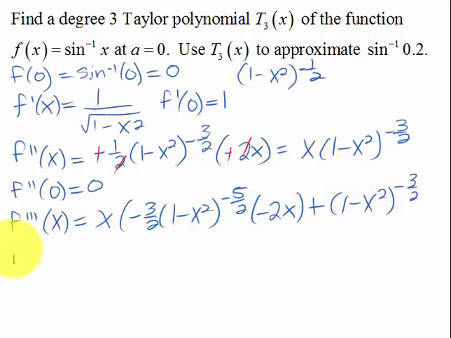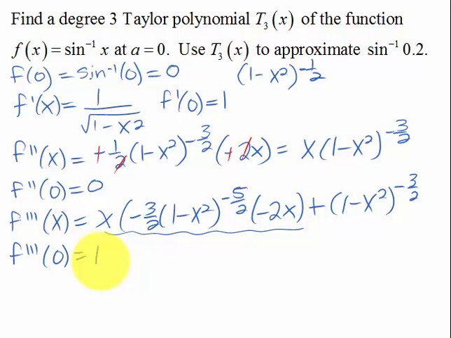And we need to evaluate this one at 0. Okay, on this one, because we have some x's here, putting in 0, that's going to be gone. And over here, putting in 0, we will get a 1.